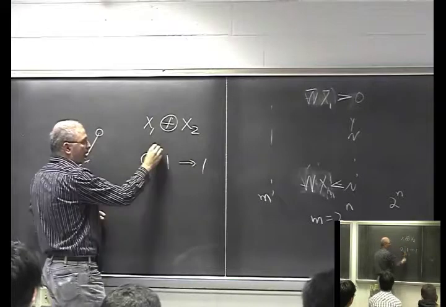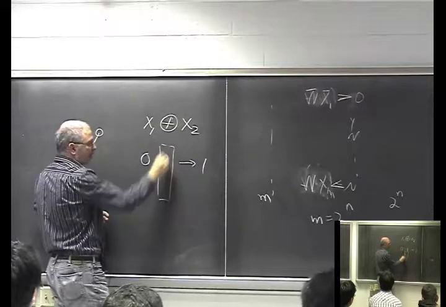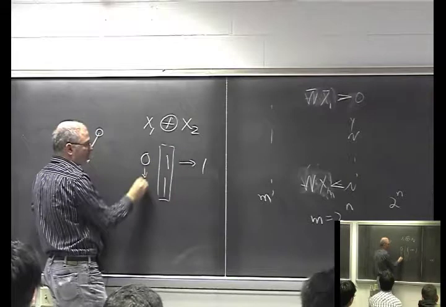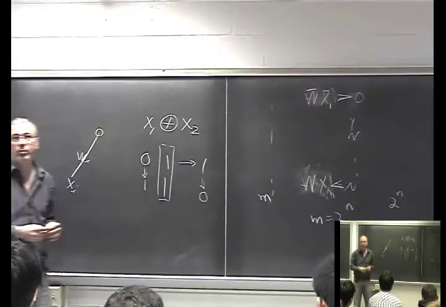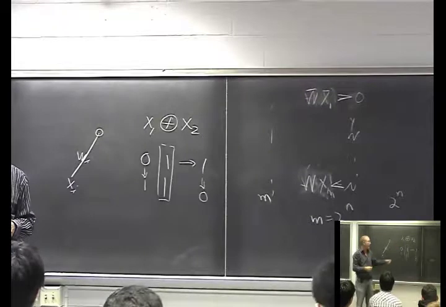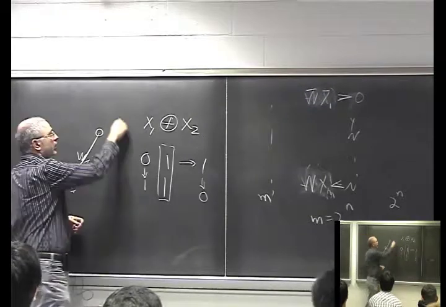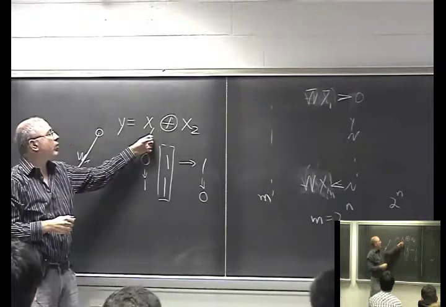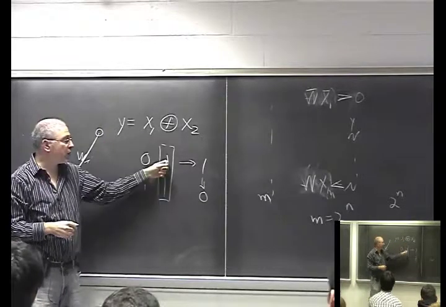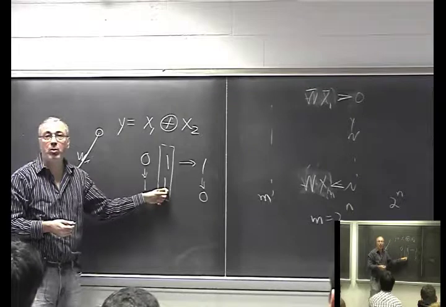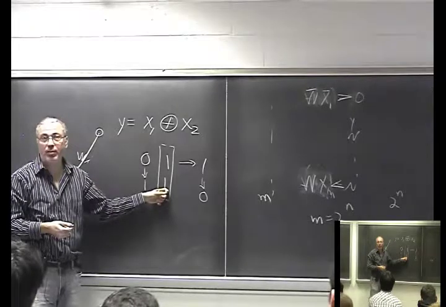Now, everything else stays the same. This must remain the same. This changes from 0 to 1. The function changes from 1 to 0. So this is an example of why the function is not monotonically increasing in x1. Now, if I change these to 0, I will show you that it's not monotonically decreasing either.